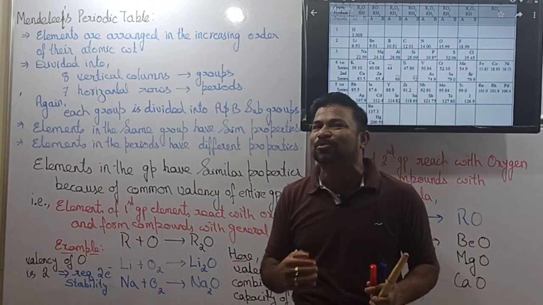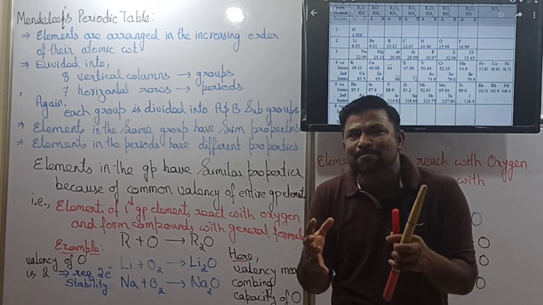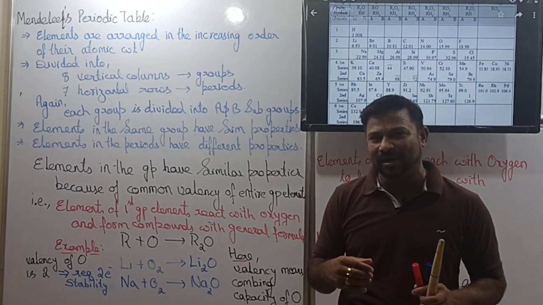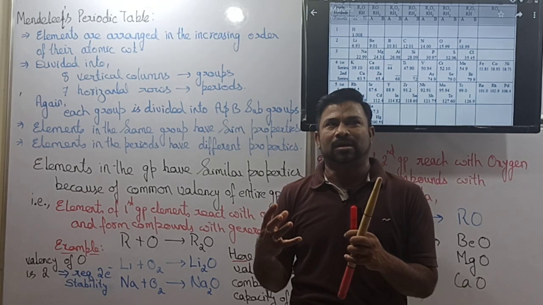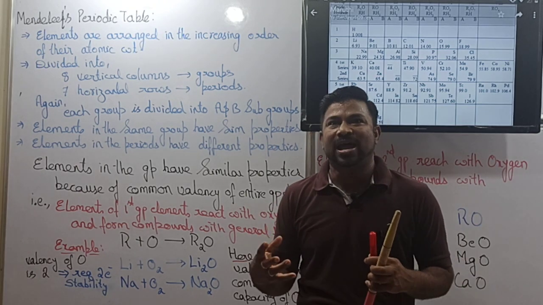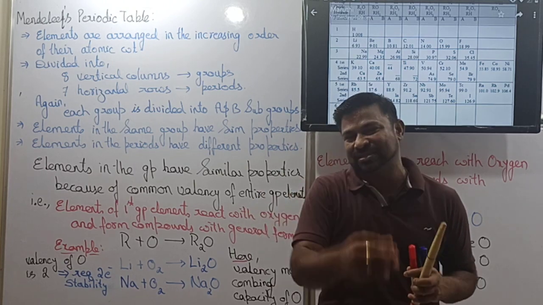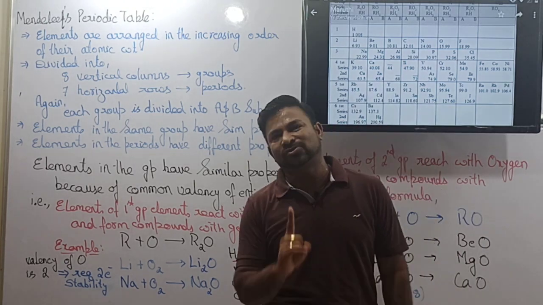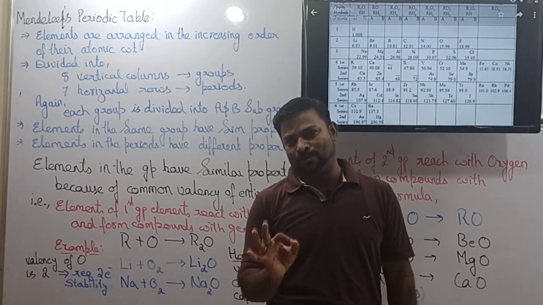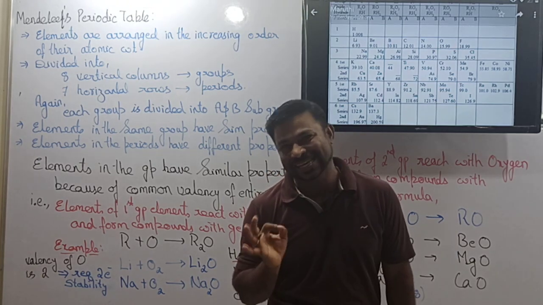This is the point I am going to discuss very importantly in this video. Why do the elements present in a group have similar properties? What is the main reason? Mendeleev stressed mainly on one point, that is valency.